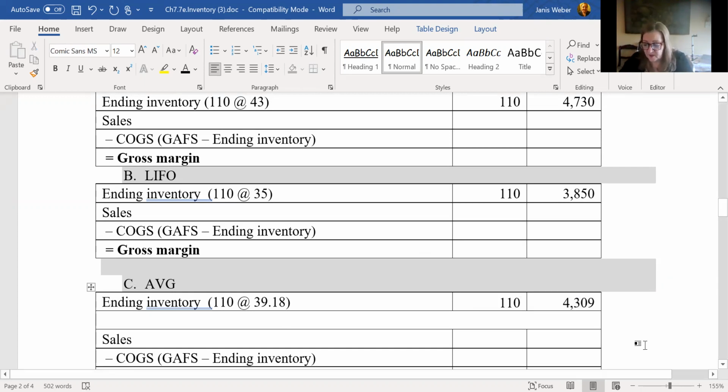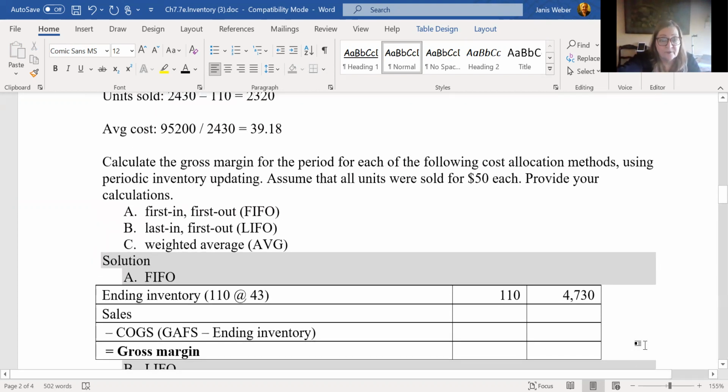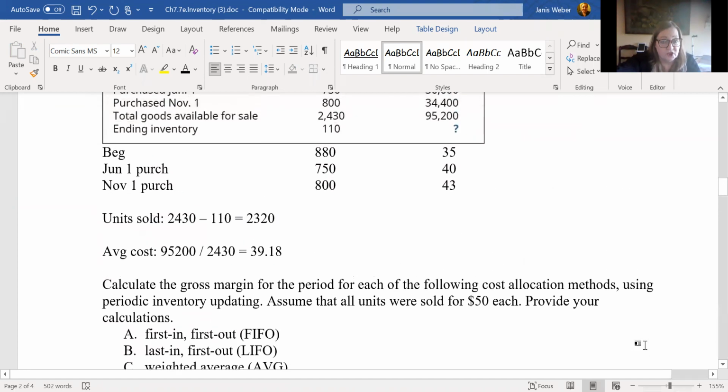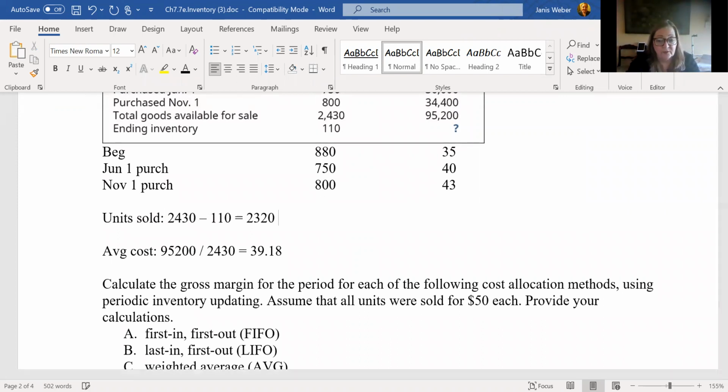Okay. So now the next one. All right, I got it. Okay, so the next thing we do is we have to see how much is the sales. The information said all the units we sold were sold for $50 each. And how many did we sell? We already know that. 2,320, right?